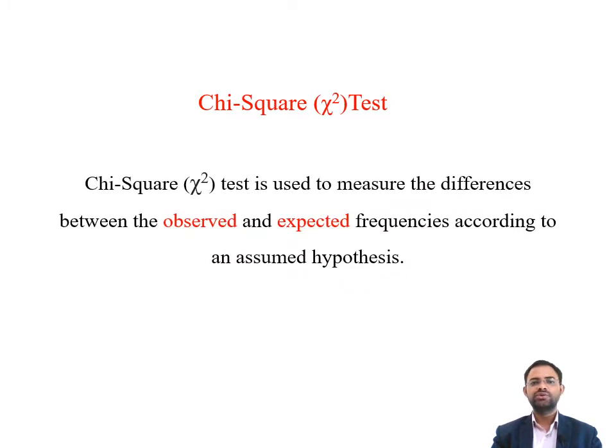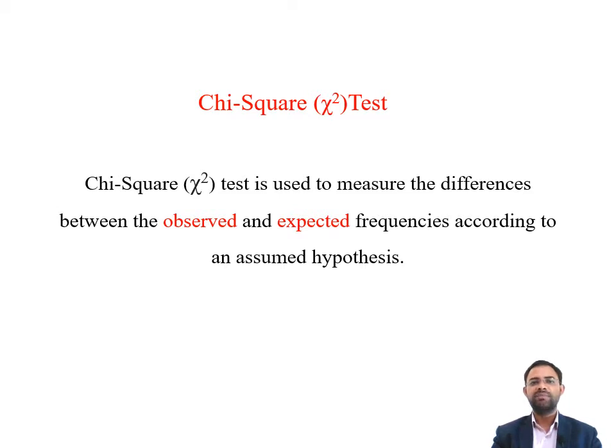The chi-square test is used to measure the differences between the observed and expected frequencies according to an assumed hypothesis. For more details about the working procedure and other associated topics with the chi-square test, such as test of hypothesis, level of significance, degree of freedom, etc., you can see my previous lectures by following the links given below in the description section.